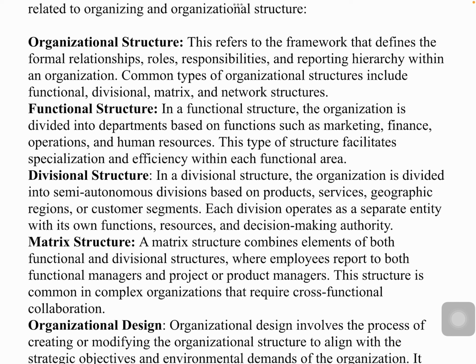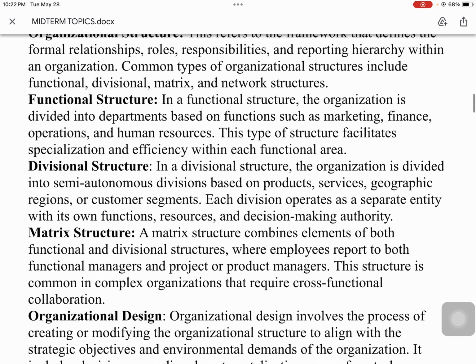So, ibig sabihin is functional structure divides the organization into departments based on function. Example, no, we have the marketing department, no, the finance department. So, like mga marketing, finance, HR departments. So every department has specific roles. So tawag niya kara is functional structures.